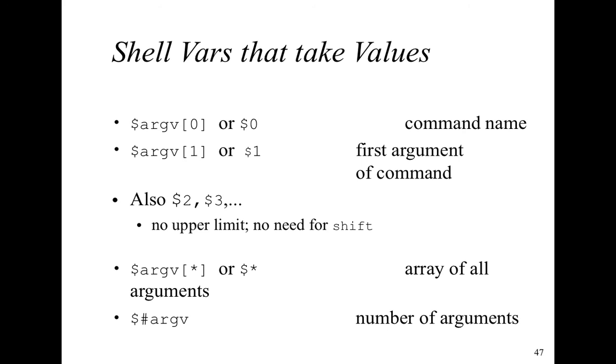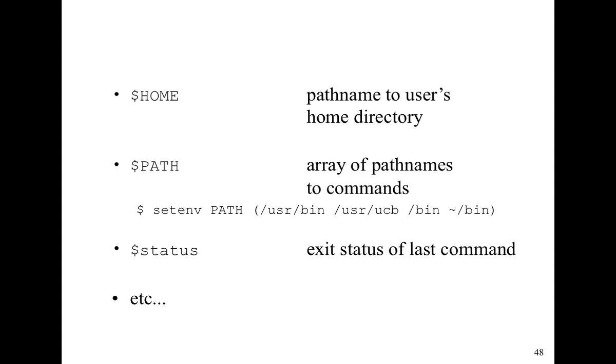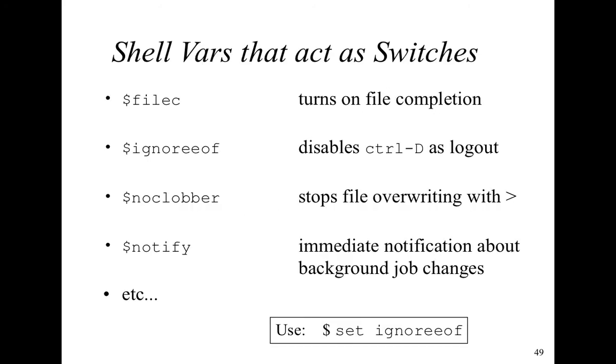And then we can print out the number of arguments that are in there. Home is set in, it's an environment variable. Path is the environment variable for the path of the user. Status is the exit status of the last command. Was it complete? Was it incomplete?